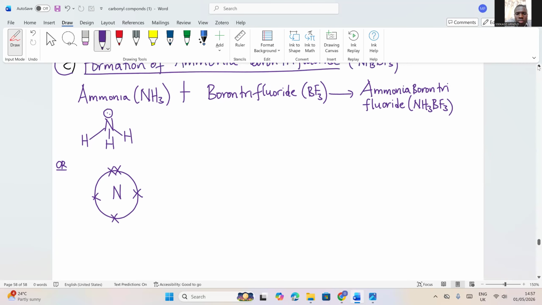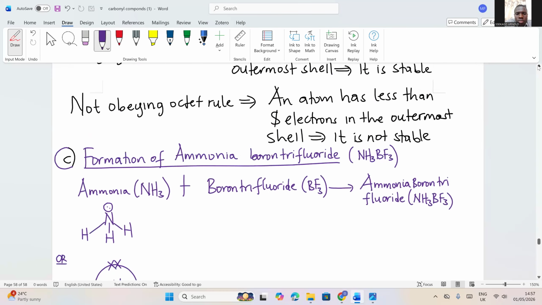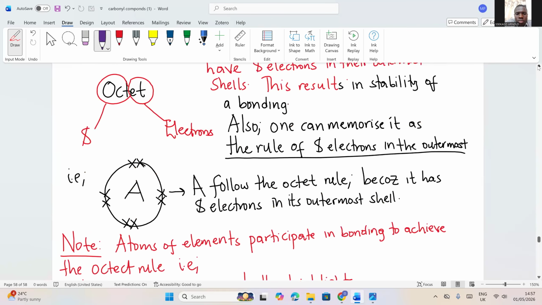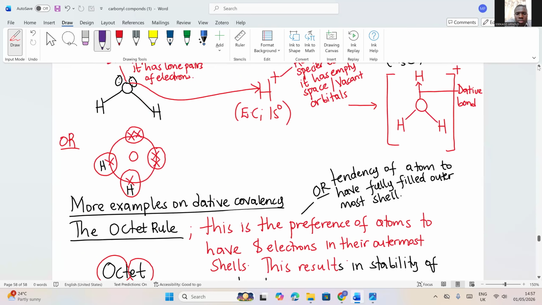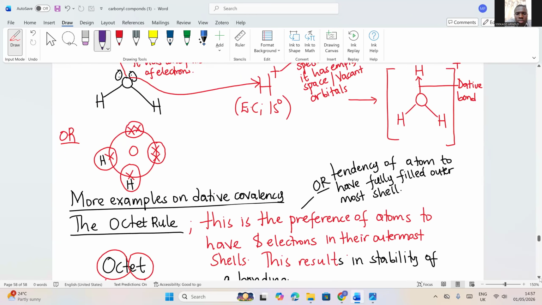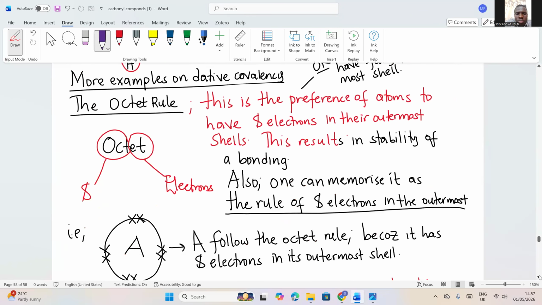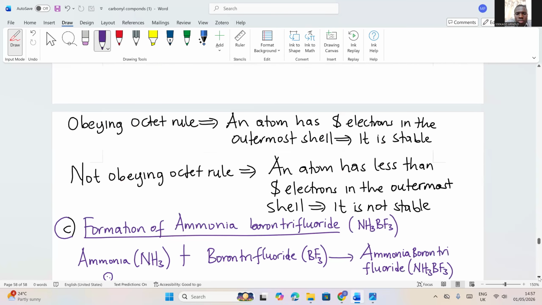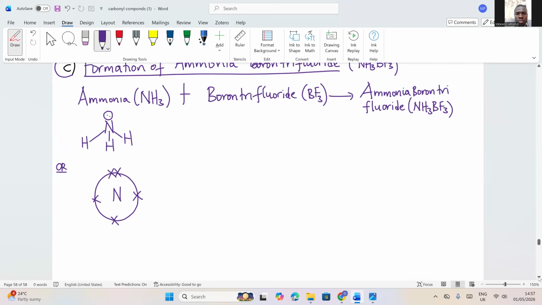Did I indicate that here? Let me confirm. I think I did not, but it was obvious. So look at that structure of ammonia which we made at school. So we have hydrogen here.